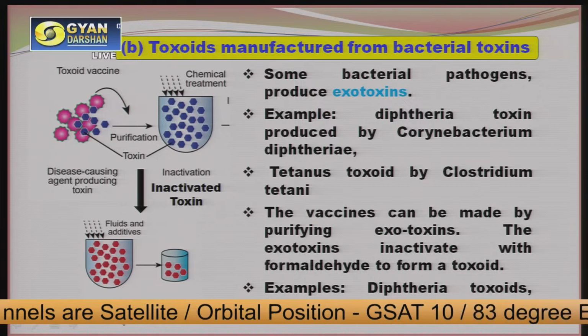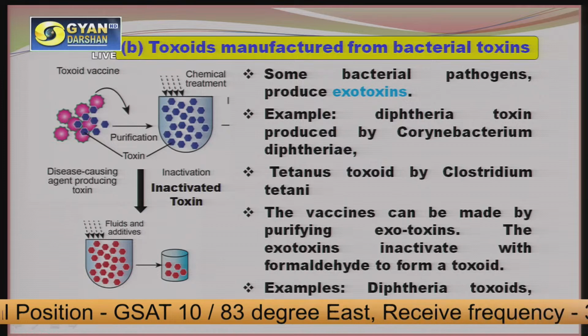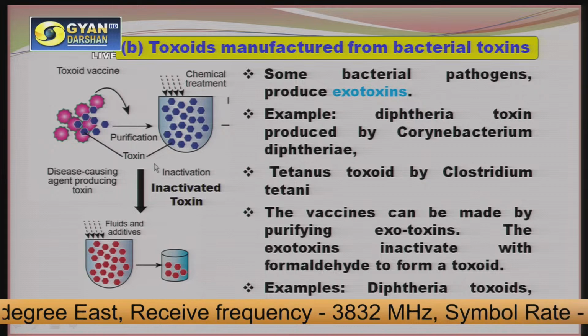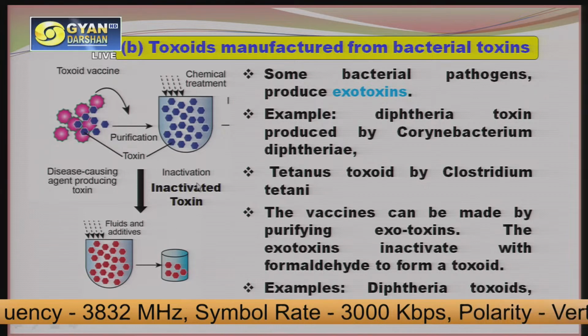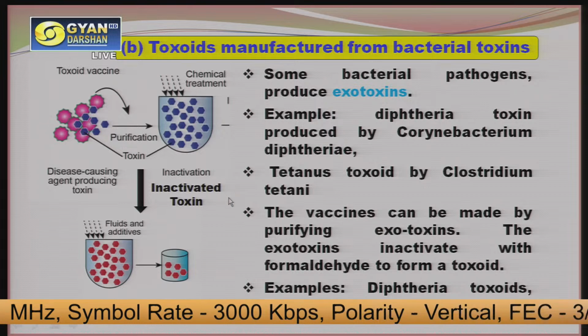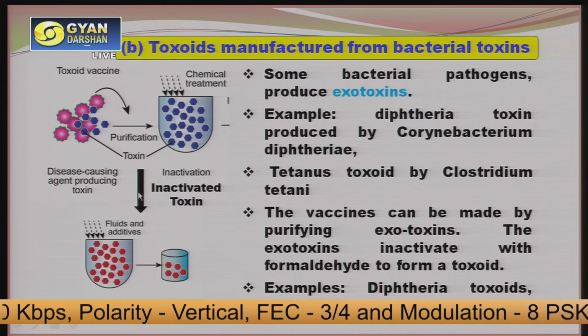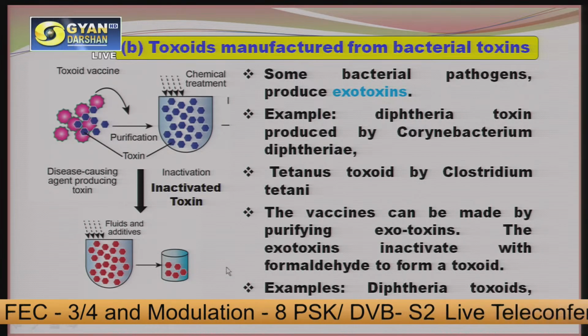You can utilize them with fluid and additives, or formulate them, and use them as a vaccine. So we can use the inactivated toxin to enhance the immune response inside the body. Ultimately, they are able to fight against the actual pathogens.